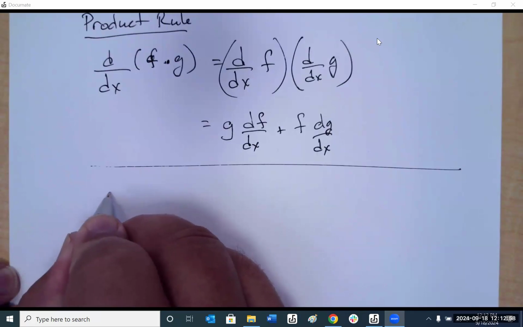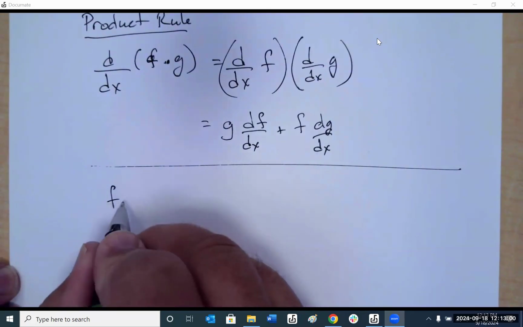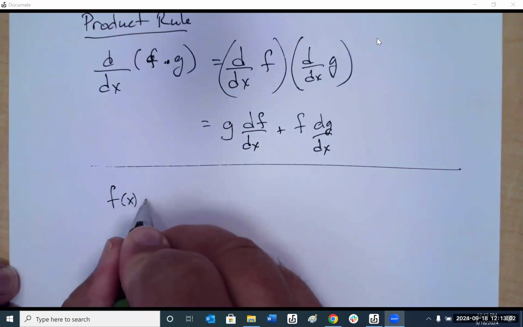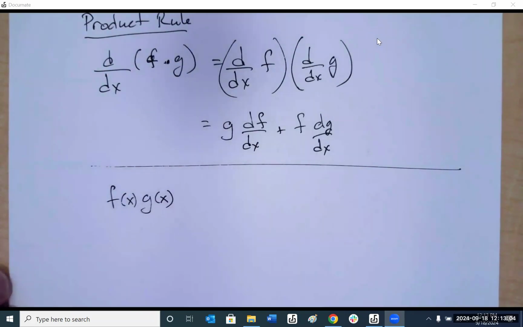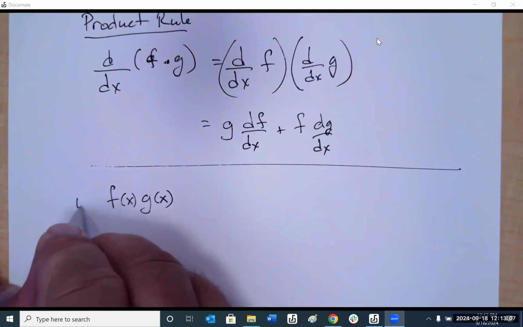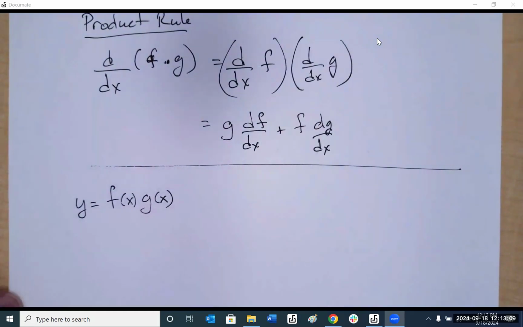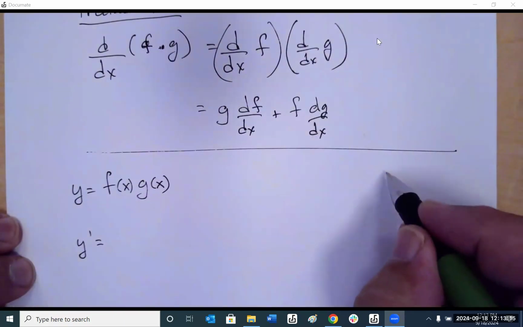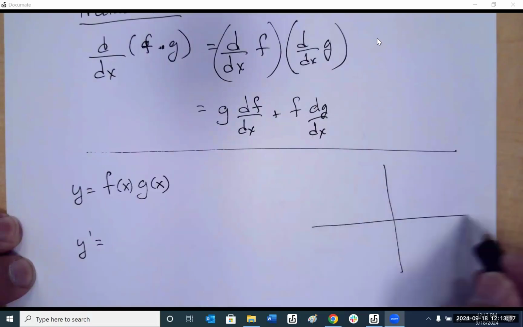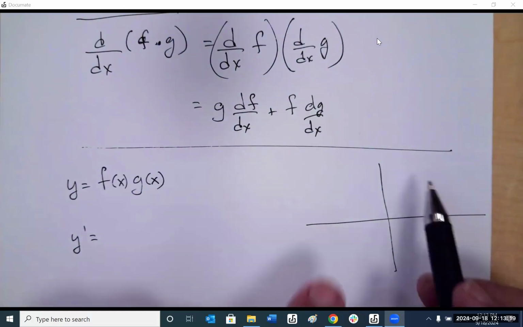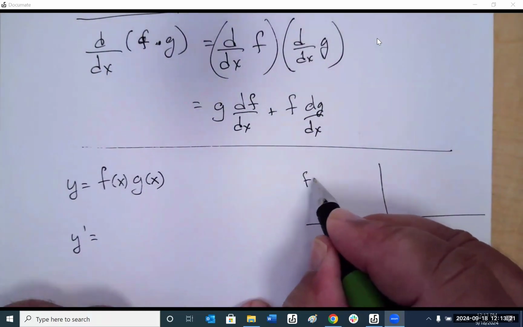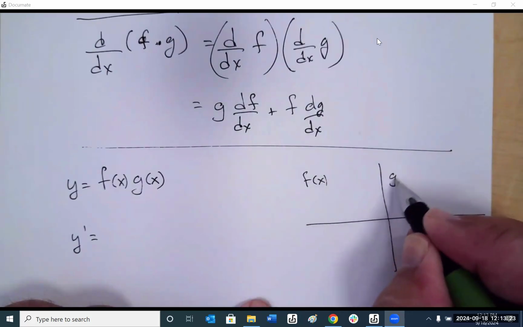If you have a function that's made up of two parts, let's say y equals that. Think of it this way. First, put your functions here.